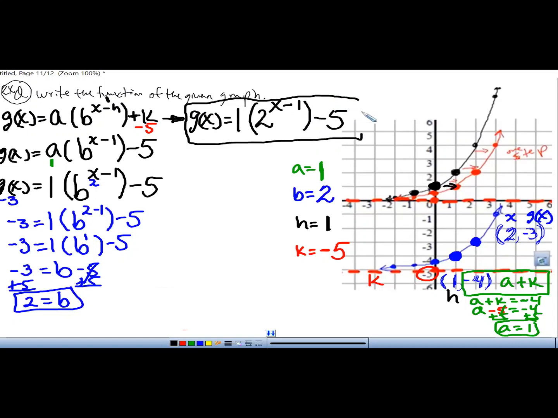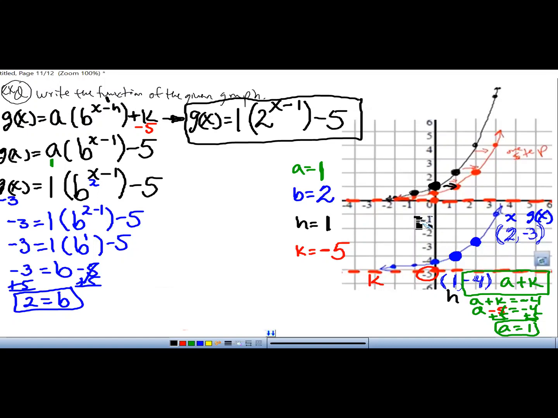And that is our function of our graph. You're like, man, that's all the stuff. And I told you guys, it's just like multi-steps, but most of it we've been practicing already. All the little things that we've been practicing all year, now it's coming together here.